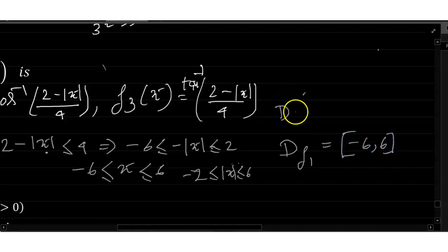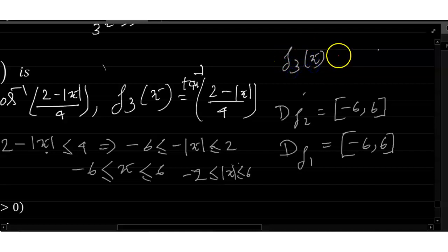Similarly, the domain of f2 is equal to minus 6 comma 6, and f3(x) equals tan inverse of 2 minus mod x divided by 4.